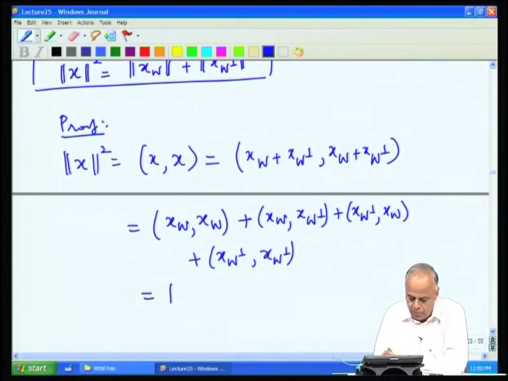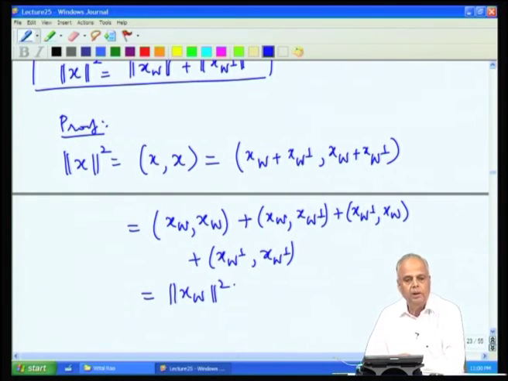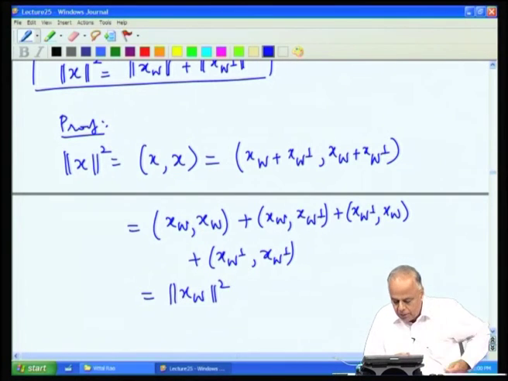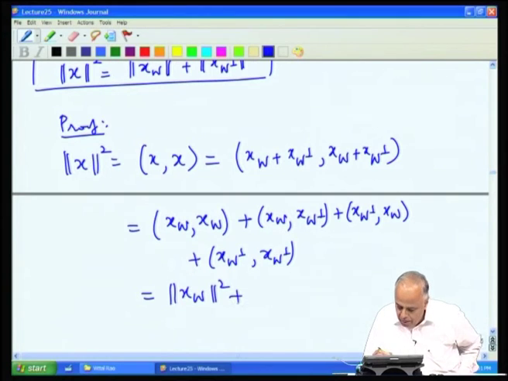The first term is the length of x_W squared, because the dot product of any vector with itself is the length squared, and the second term is 0, because x_W and x_W perp are in orthogonal spaces, since x_W belongs to W and x_W perp belongs to W perp.